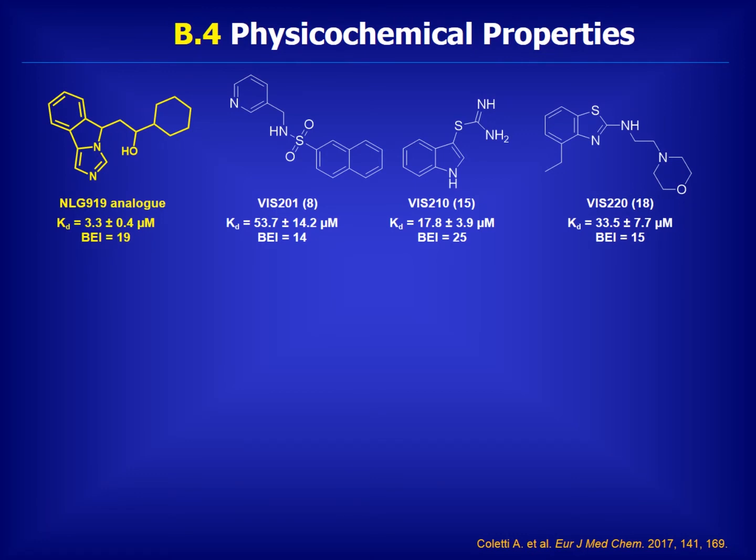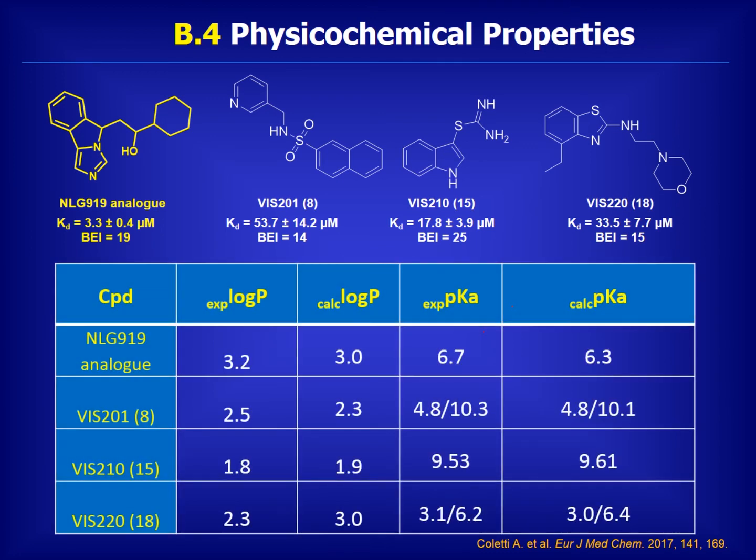Here, we report the 3 most potent binders identified, that in the next step were characterized in their physicochemical properties to have a preliminary idea about their pharmacokinetic behavior in vivo. pKa and log-P results suggested that all compounds could display a good balance between solubility and passive permeability in vivo.